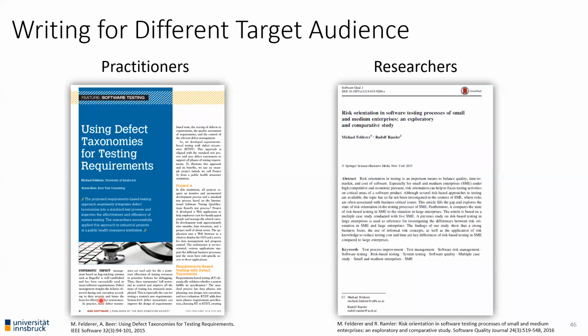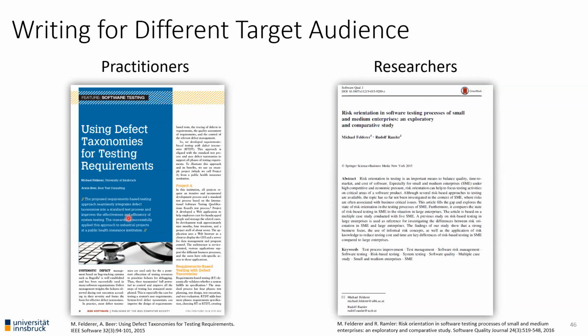This means that your target audience may not only be researchers, but also practitioners. For instance, our first case study on defect taxonomies was also published in IEEE Software, which is a more practitioner-oriented magazine. It also has a high impact factor, so it also counts for you as a researcher.